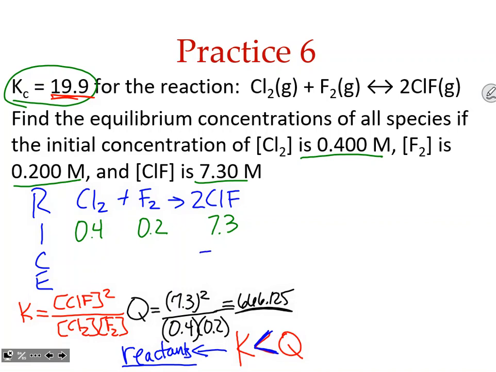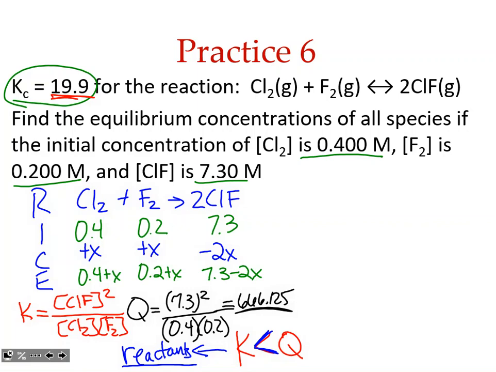Consume product, minus 2x, gain reactant, opposite direction for this one. And then we ultimately end up with 0.4 plus x, 0.2 plus x, 7.3 minus 2x.